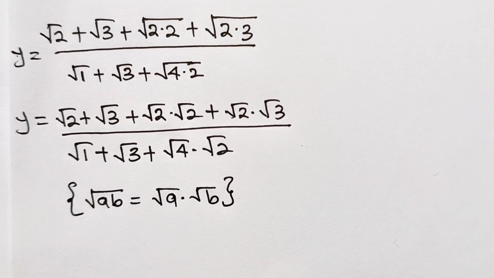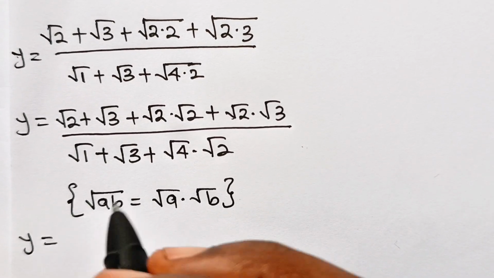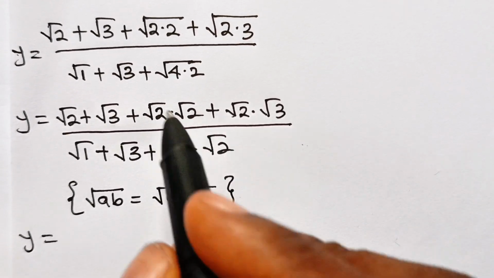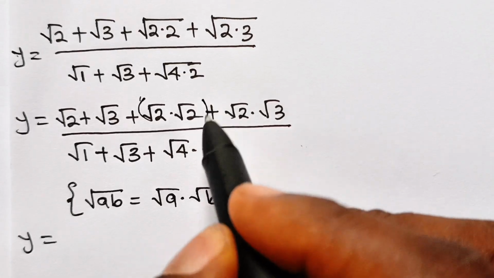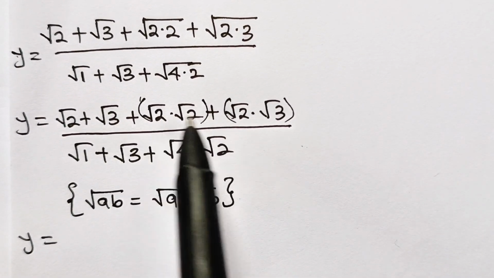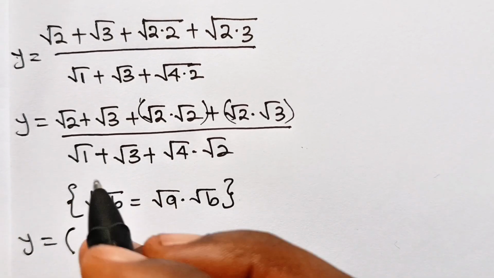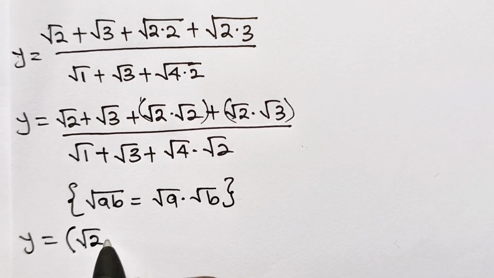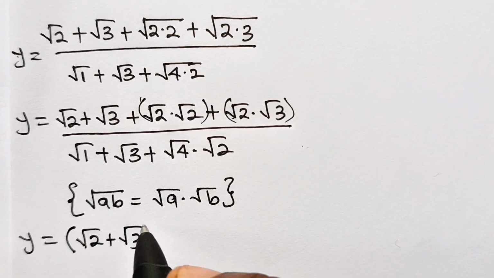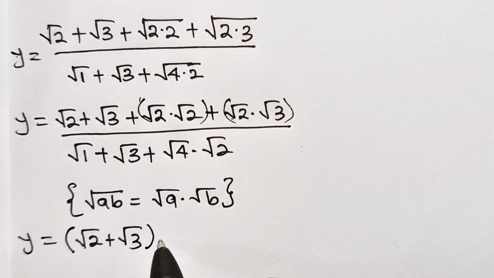All right, so we have y is equal to, let us put this in brackets, and then you are going to notice something. They have root 2 and root 2 in common, right? So let's put this in brackets: root 2 plus root 3. Then this and this, they have root 2 in common.